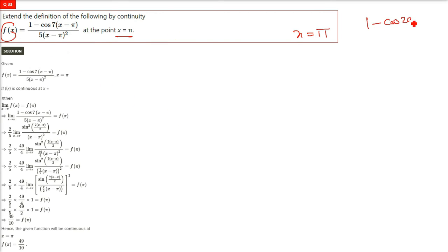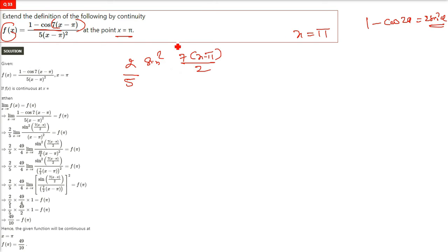Please remember 1 minus cos theta is 2 sin square theta by 2. So we'll apply it here. 1 minus cos of 7x minus pi is 2 sin square of (7x minus pi) divided by 2. Whatever is the value after cos, just divide it by 2. That is what you have to do. In the denominator we have 5, so I am just taking 5 outside, and we have x minus pi whole square.